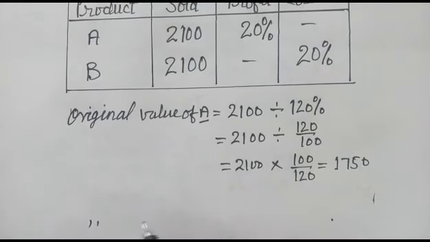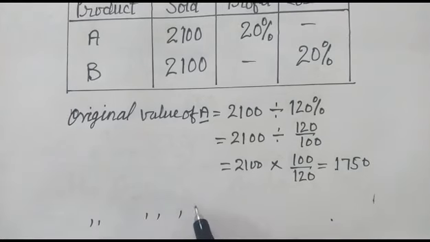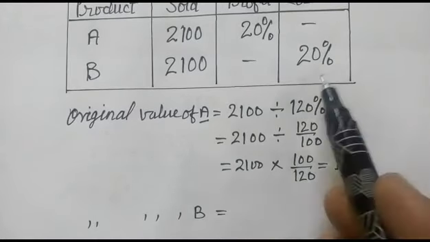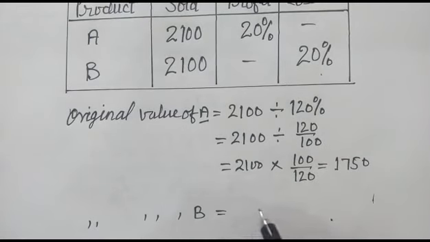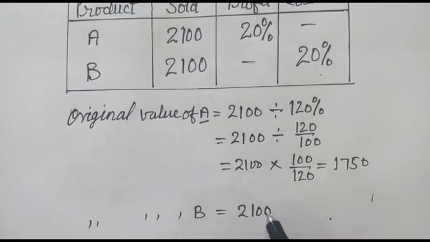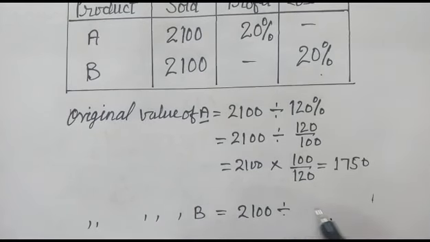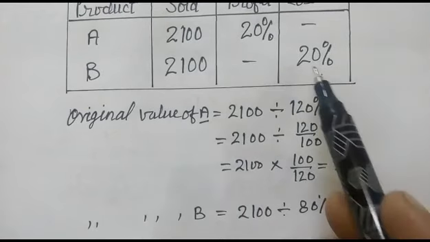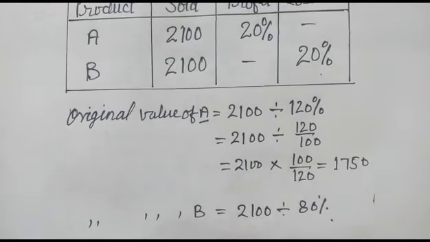Now we will get the original value of B. Here he is getting a loss. So what will be the original value of item B? 2100 divided by 80%, because he is getting a loss.